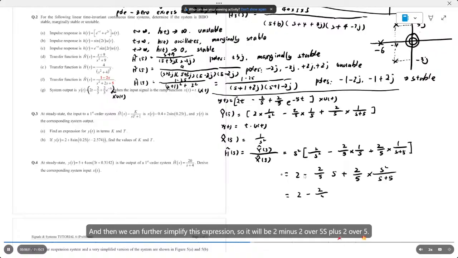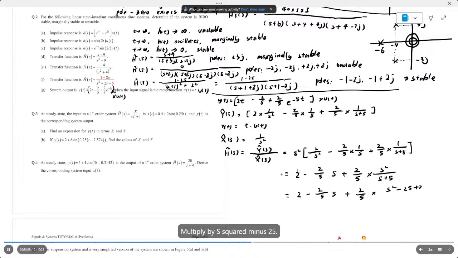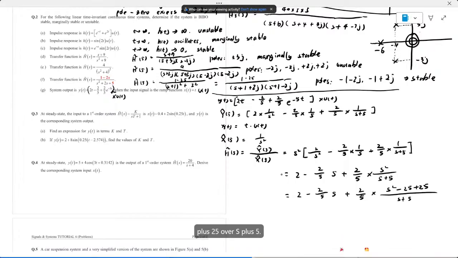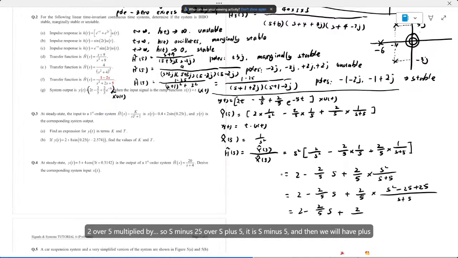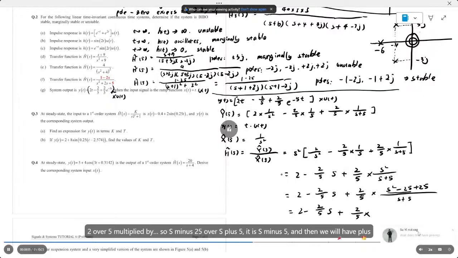So it will be 2 minus 2 over 5 s plus 2 over 5 multiplied by s squared minus 25 plus 25 over s plus 5. So it is 2 minus 2 over 5 s plus 2 over 5 multiplied by s minus 25.